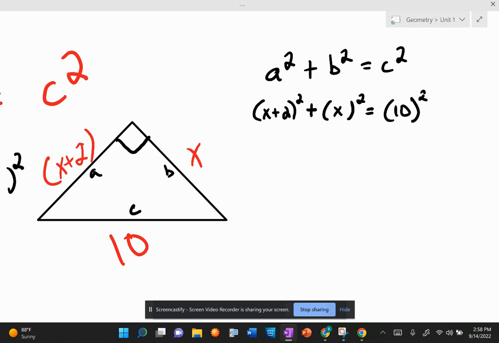C is always different because you're given the hypotenuse, which is 10. You don't know b, you don't really know a. We just know the ratio.